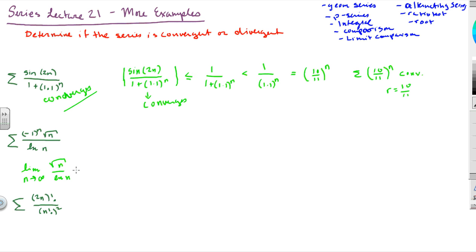Let's see, I'm going to use L'Hopital's rule on this limit. And we get 1 over 2 square root n divided by 1 over n, which is equal to, oops, sorry, that's the limit as n goes to infinity. I give you guys extra credit for catching when I leave that off, right?